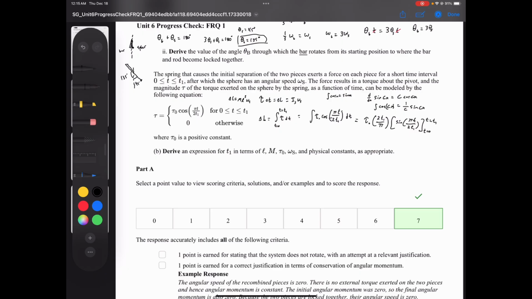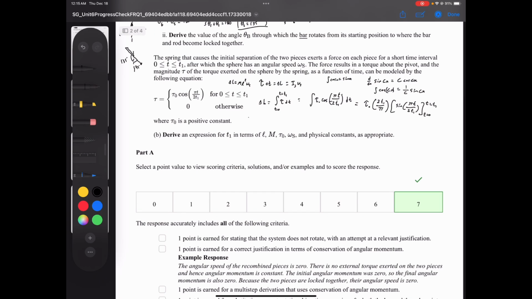I know I'm writing really small, but I don't have much space here. So m L squared times omega s is equal to the initial torque times 2 t1 over pi.